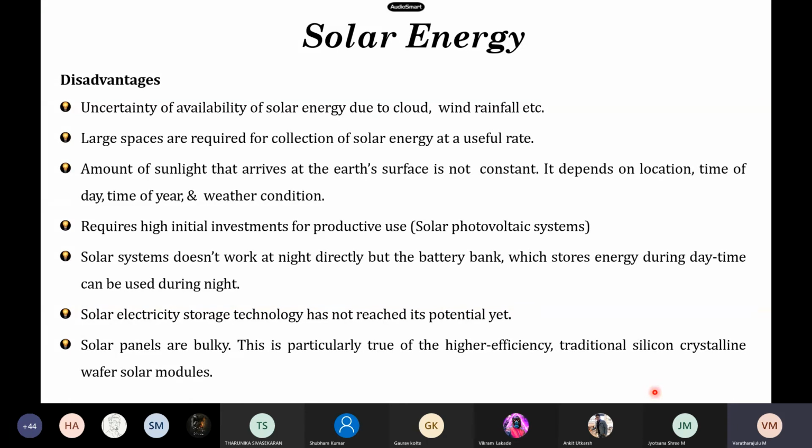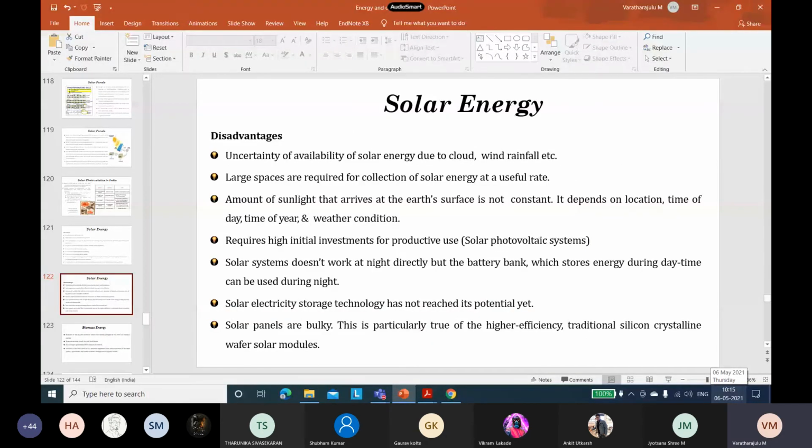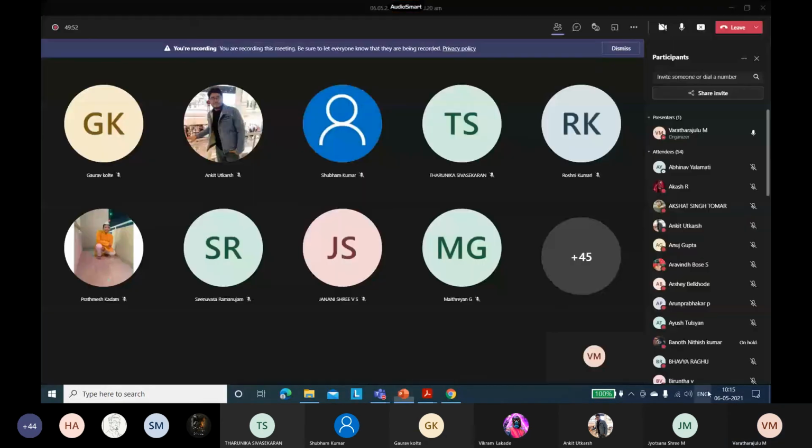Any doubts with the solar system? Any doubts with the solar PV cells? Shall I go ahead with the other contents? Ramanujam?